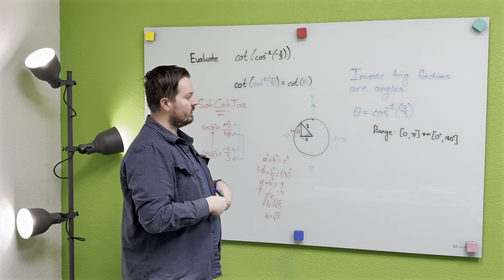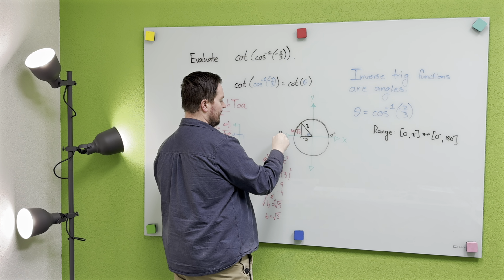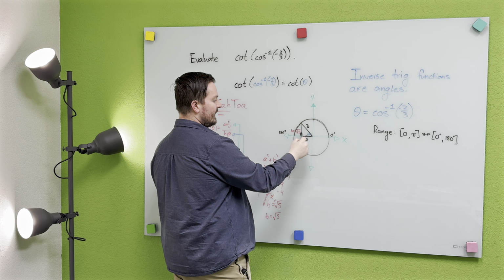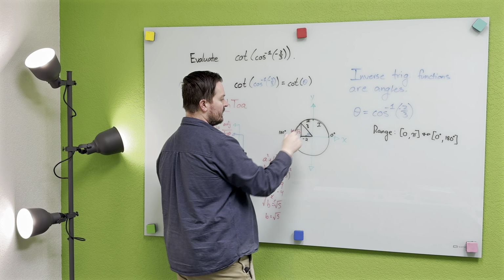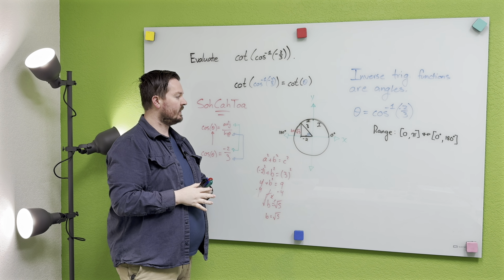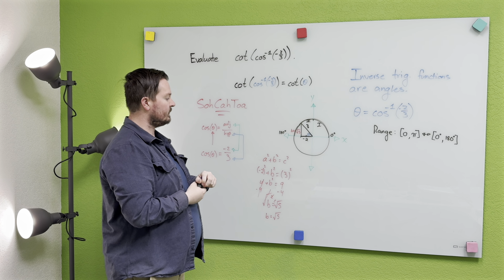Since cosine inverse can only give us answers between 0 degrees and 180 degrees, we're restricted to staying anywhere from 0 all the way around to 180 degrees. We can only get answers in quadrant 1 and quadrant 2, so that puts us simply above the x-axis.